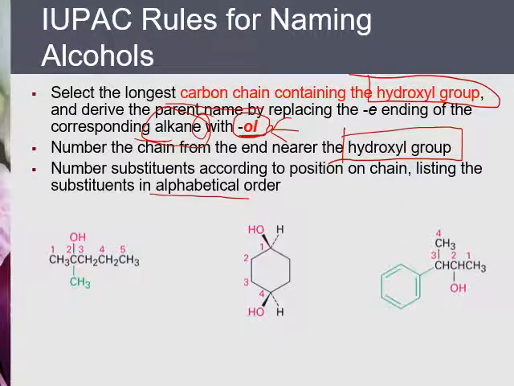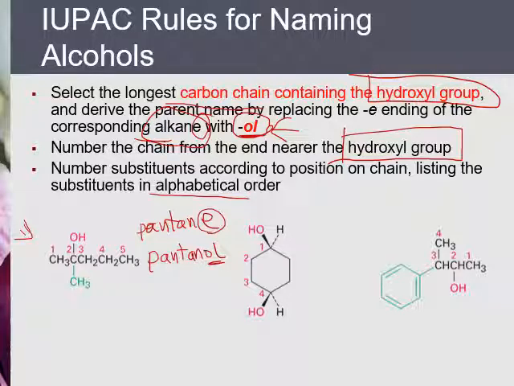Okay, so let's look at the first molecule. The longest chain is 5, so it is a pentane. Now it's an alcohol, so replace E by OL. So now this becomes pentanol. All right, but where is the alcohol?